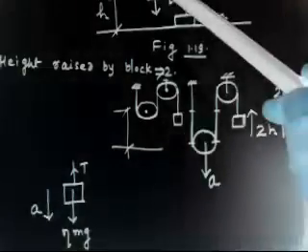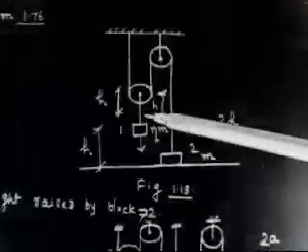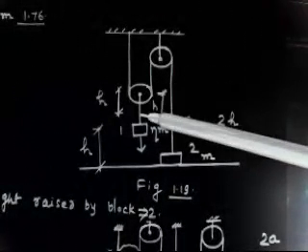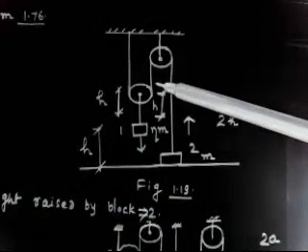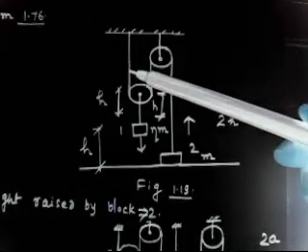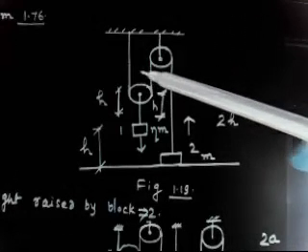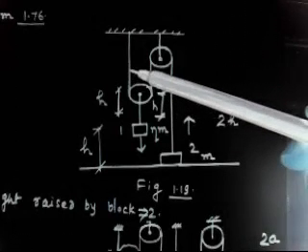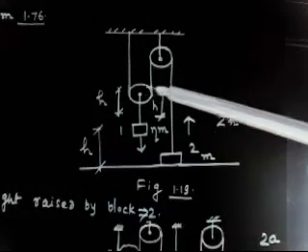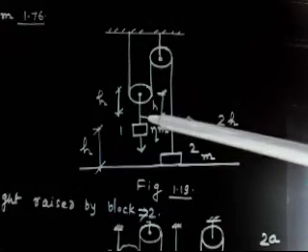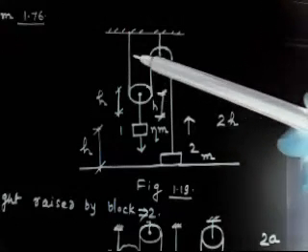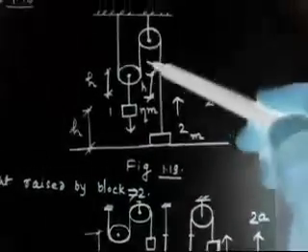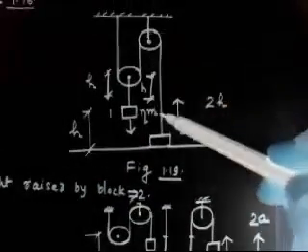This pulley has tension T. If this is tension T, then this will have tension 2T, and this will also have tension 2T. If this is tension T, then this will have tension T by 2, and this will have tension T by 2, because this plus this is equal to this, as the frictionless pulley is massless. So the tension of this plus the tension of this is equal to the tension of this. So throughout, this tension is T by 2.